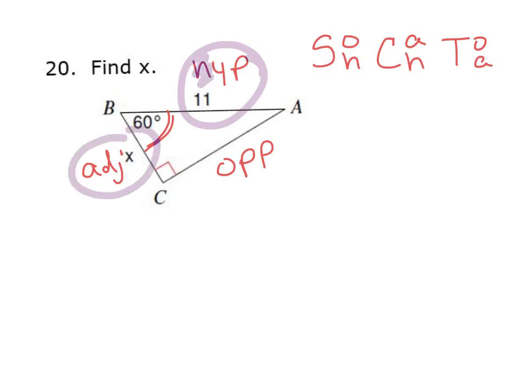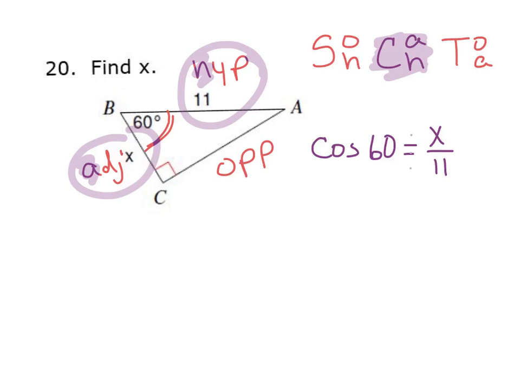I'm looking at the hypotenuse and the adjacent, H and A. This gives me cosine. So cosine of 60 degrees equals my adjacent, which is x, over my hypotenuse, which is 11.